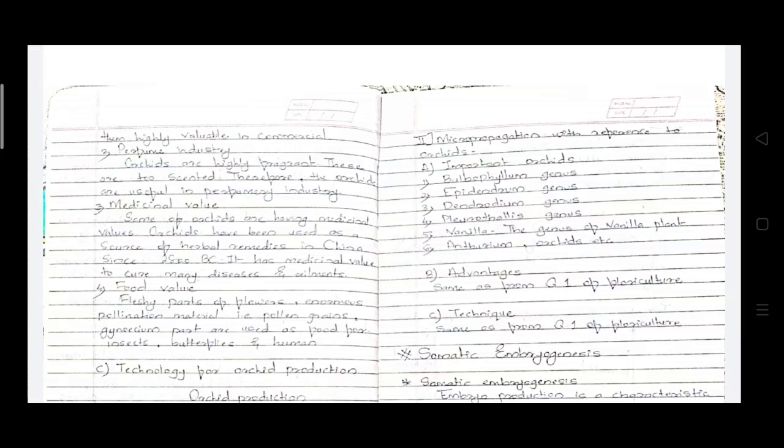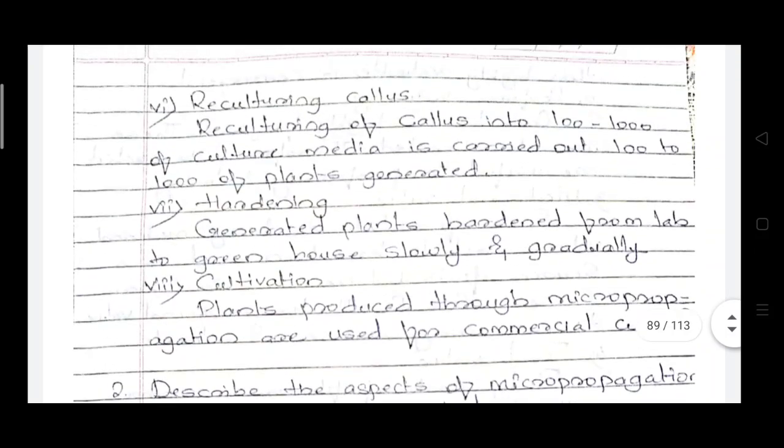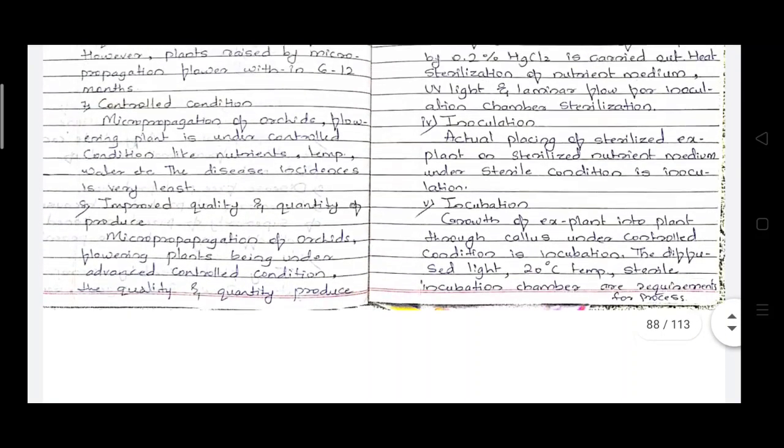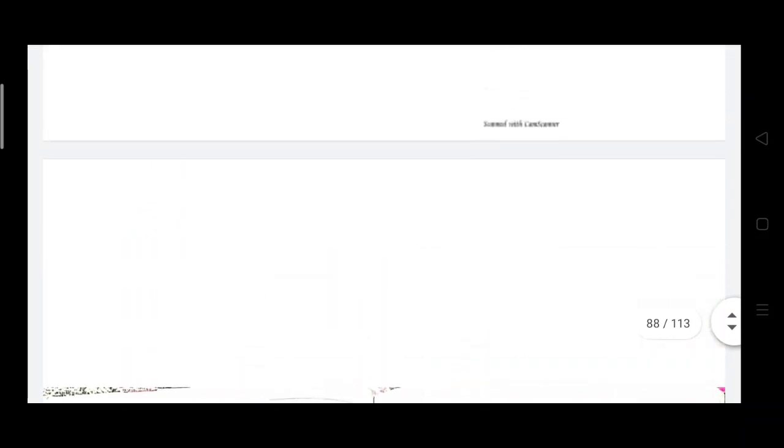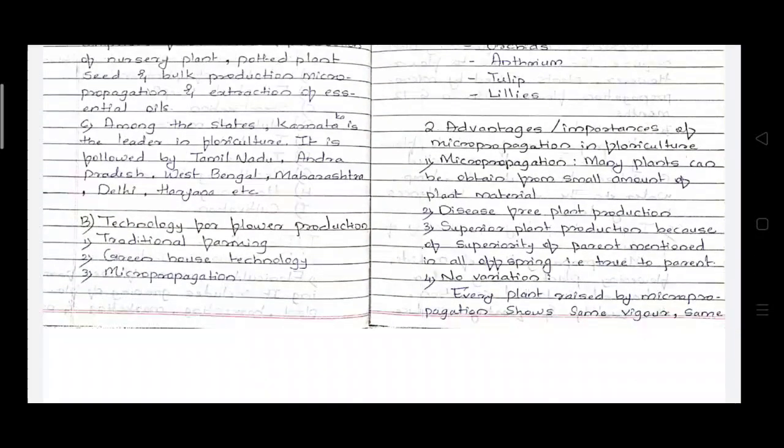Then the advantages of orchids. You have to write the same as in question 1 of floriculture. In that I already discussed the advantages of floriculture. Same advantages you have to write for orchids. In that we have discussed micropropagation.